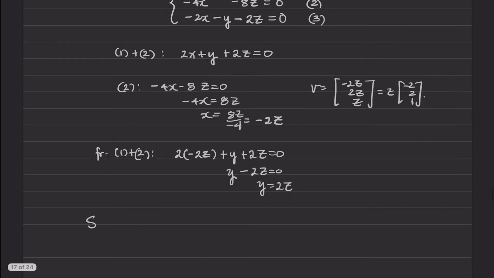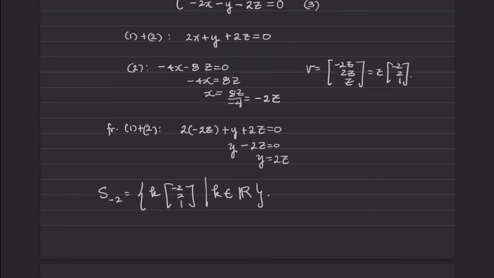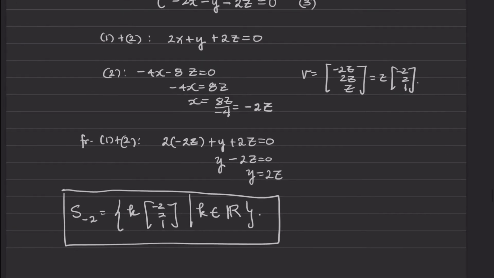Negative 2 is equal to, mga ganito lang yung form. So, k, negative 2, 2, 1, where k is a scalar. Ang F natin ay R in this case. Ayan. So, ito yung eigenspace ni negative 2.